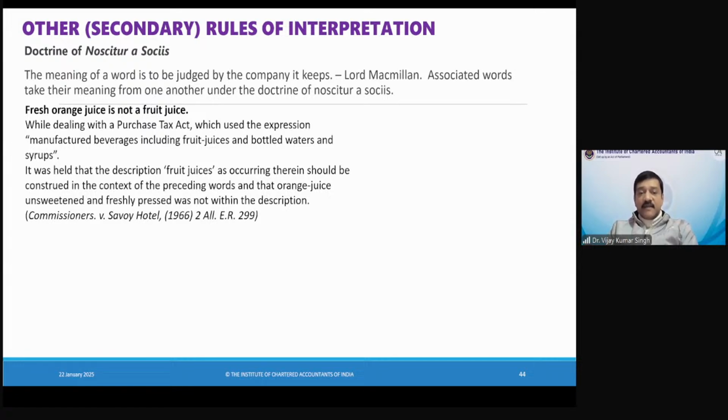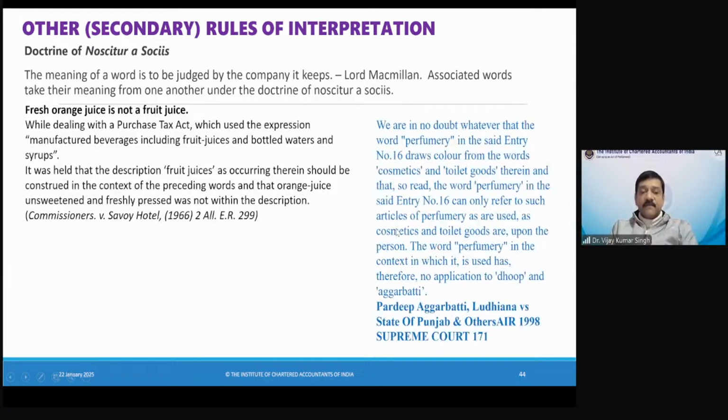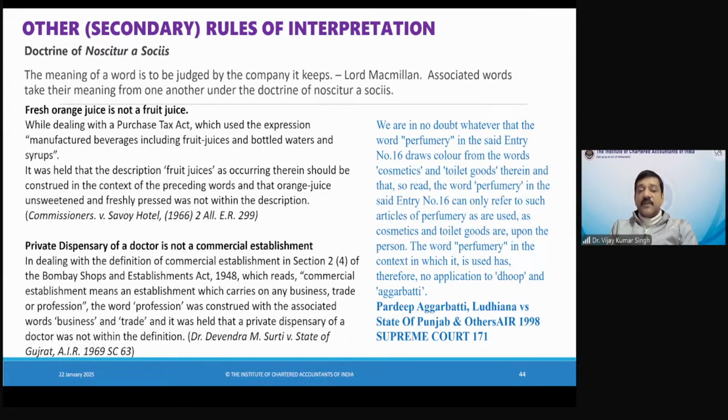Similarly, there was another example: a private dispensary of a doctor is not a commercial establishment. Under the Bombay Act, commercial establishment means an establishment carrying on any business, trade, or profession. The word profession was construed with the associated words business and trade, and it was held that a private dispensary of a doctor would not be a business or trade, and then they excluded that.